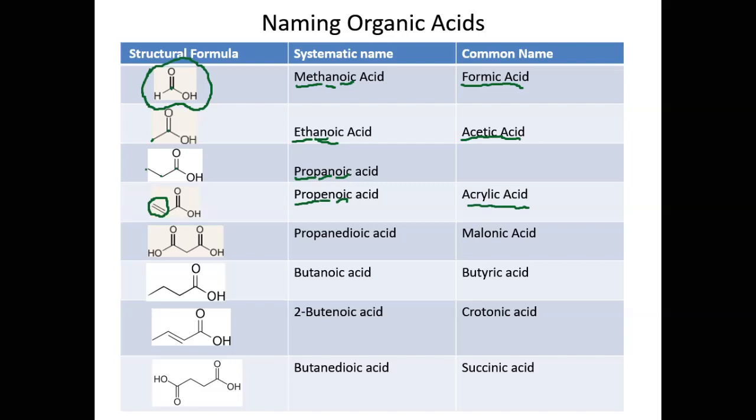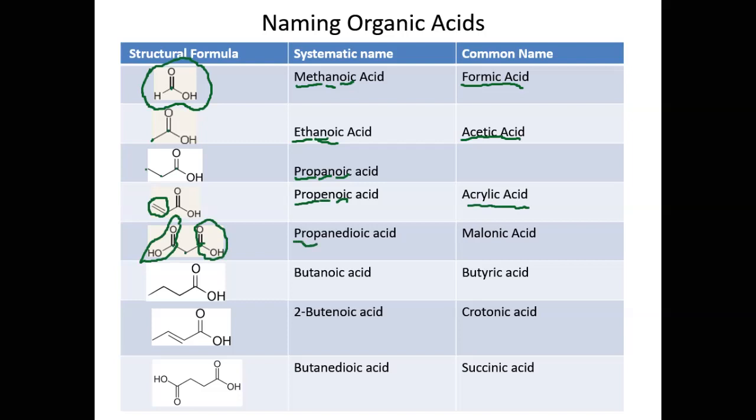Now, in some cases, like in the next example, we have 2 carboxylate groups. I'm just trying to show you all the different things that go into naming acids. These 2 carboxylate groups are still connected by 3 carbons, so we still use the prefix prop.